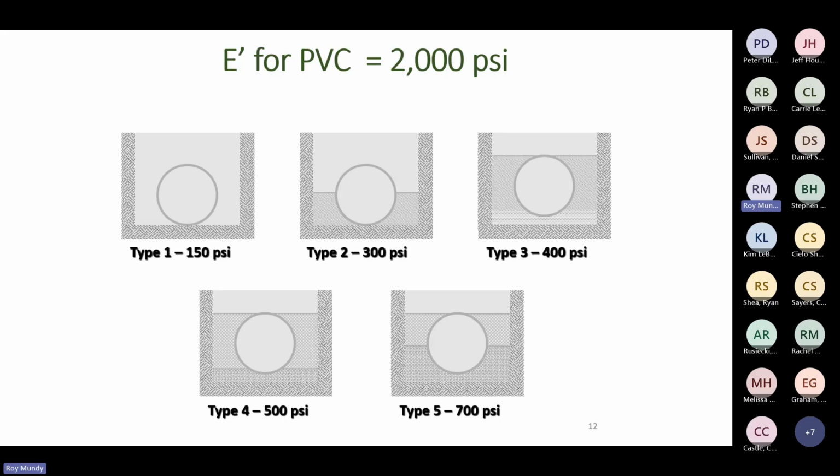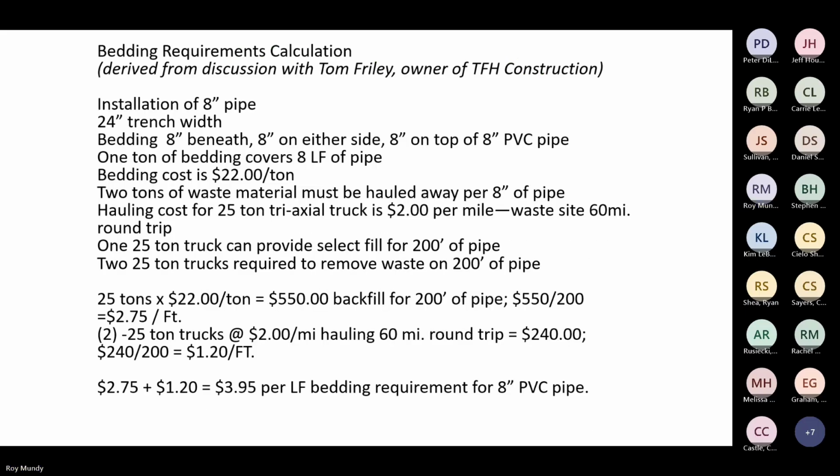When looking at a trench for PVC pipe, you have to establish that high soils modulus E prime, because it must hold that flexible material from deflection. You have to go to a type 4 or even usually a type 5 trench. So what does that mean? Well, I'm not going to get into detail here because I'll get into it in the next presentation.